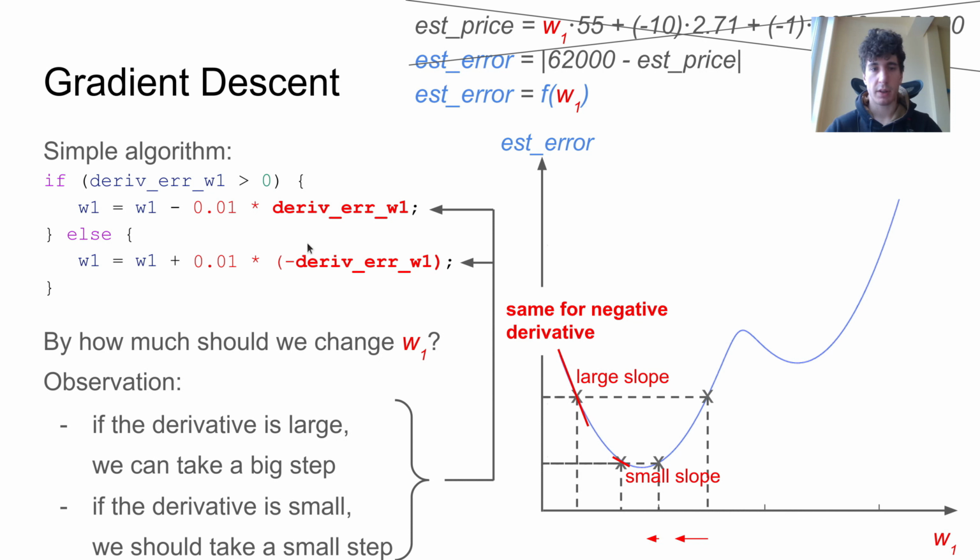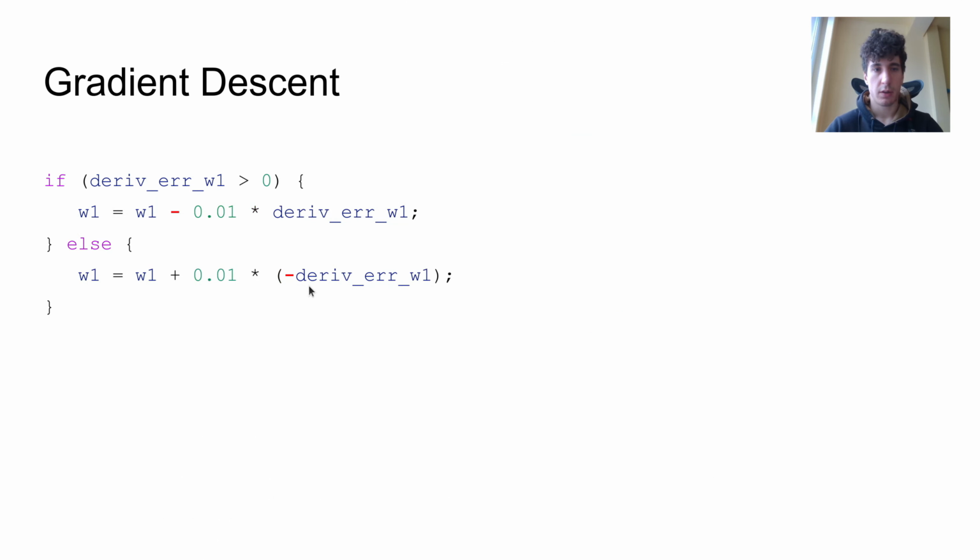Now remember, if this is negative, we should also put a minus so that it becomes positive. We only care about the magnitude, how big the slope is. We don't care about the sign. All right.